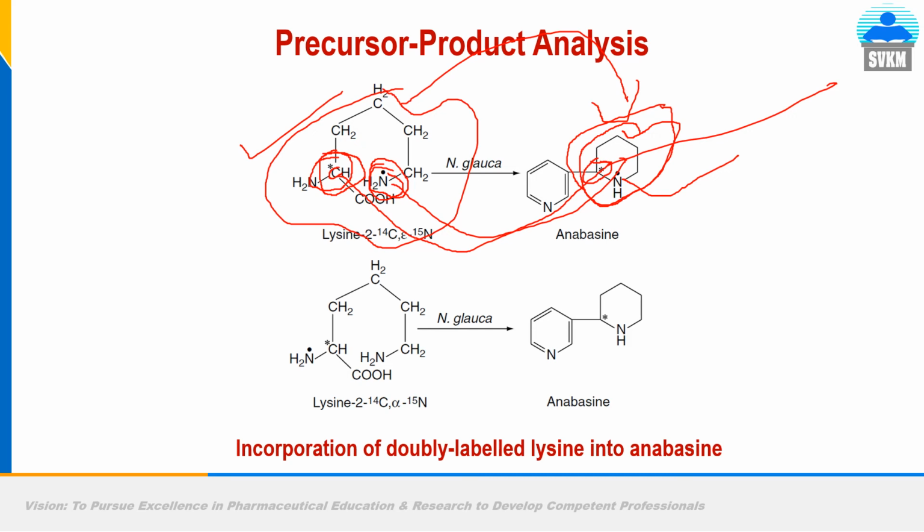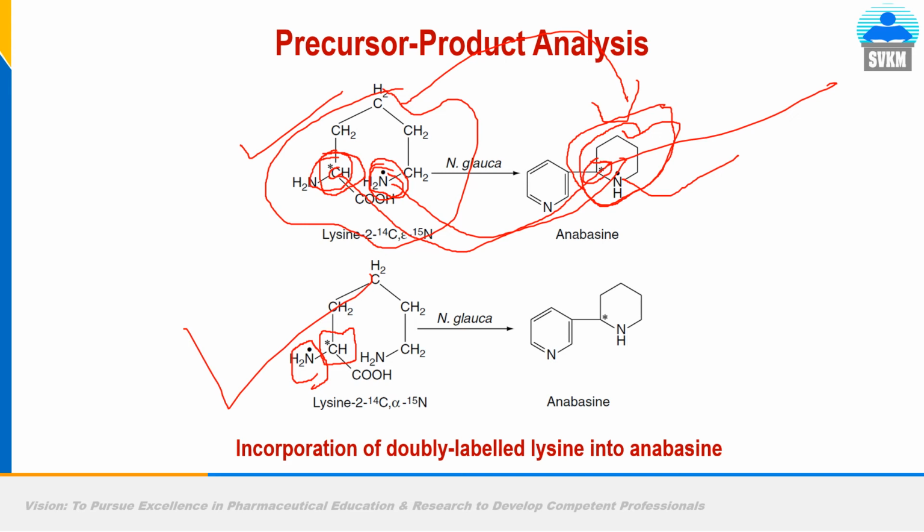In another study, you see this one. In this study, this carbon has been replaced by radioactive carbon, that is an isotope of carbon. Similarly, this nitrogen attached to this particular carbon has also been replaced by an isotope of nitrogen.